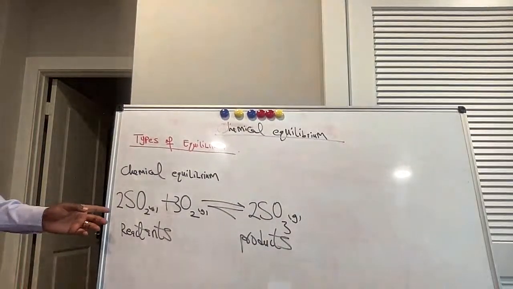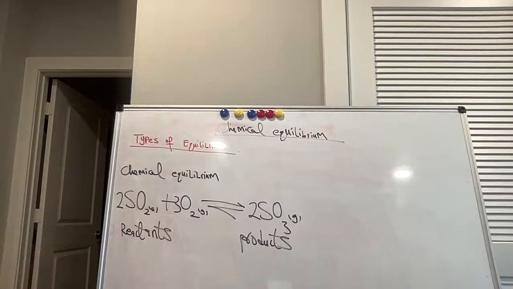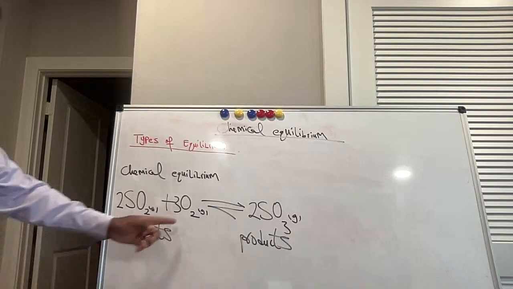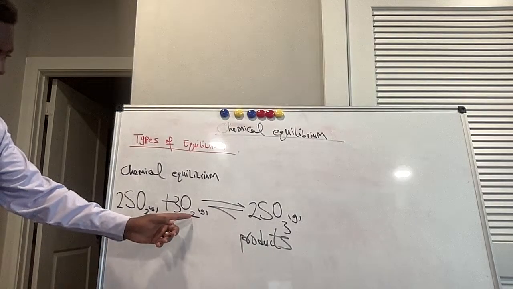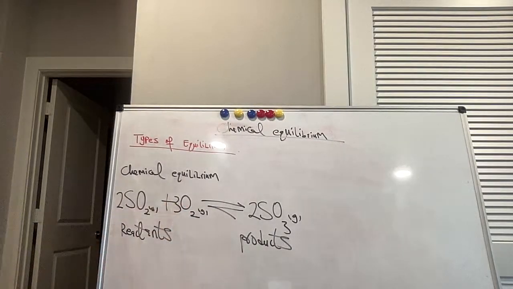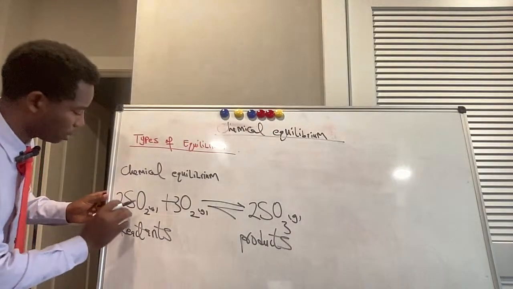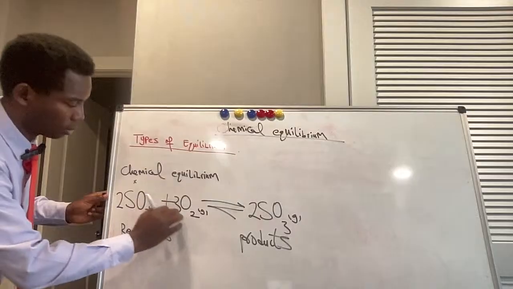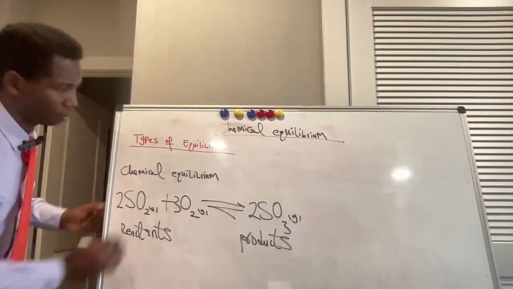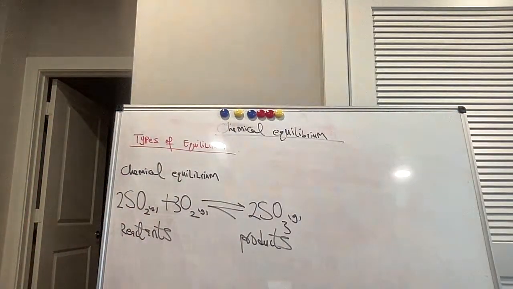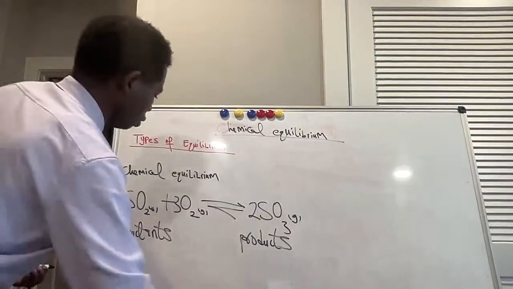Now let's look at oxygen. 2 times 2 is 4, plus 6, which is 10.